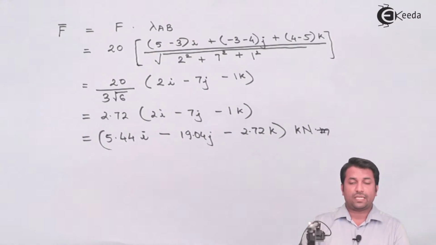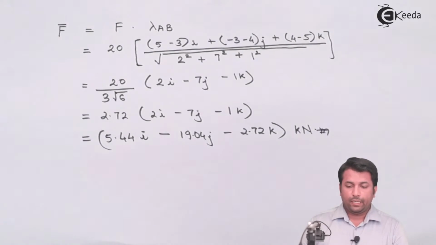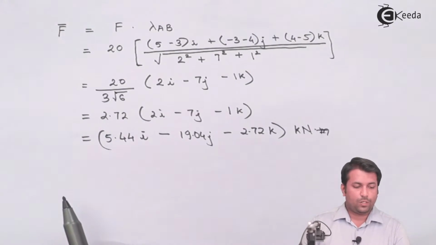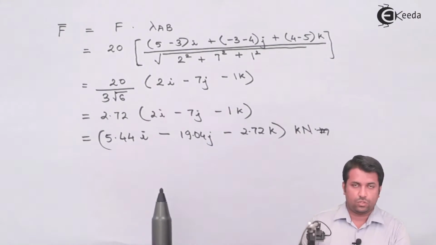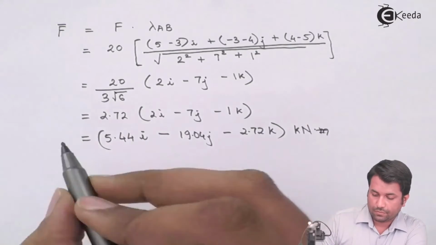Now what I need to do is take the moment of this force with respect to a point which is lying on the line ST. So for that I need to first find the moment of this force, that is AB.